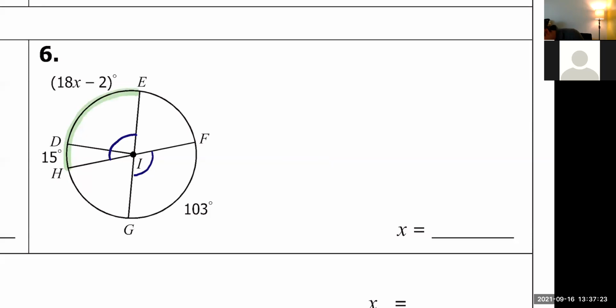This arc and this arc should be congruent because the central angles they are attached to are vertical, therefore also congruent.